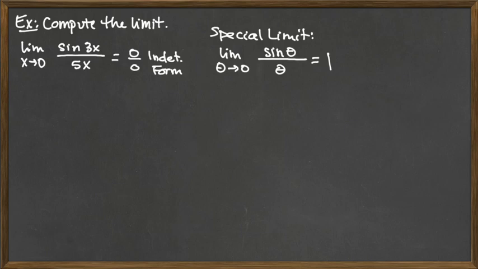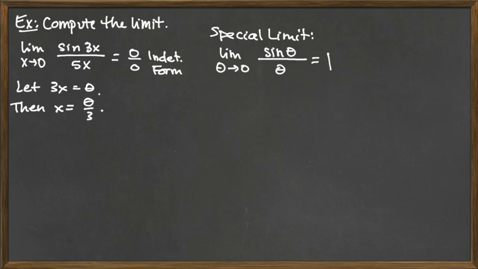So my suggestion, so that we can make this match our special limit, is to do a change of variable. If we let the 3x, that's our argument of sine, the thing that we cannot manipulate by pulling out, be called theta, then x is equal to theta divided by 3, just dividing both sides by 3.